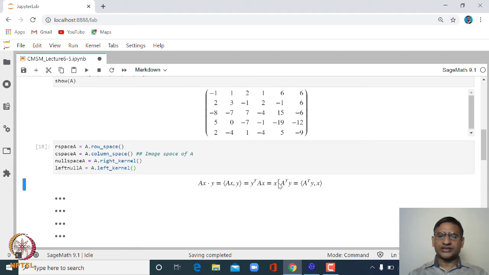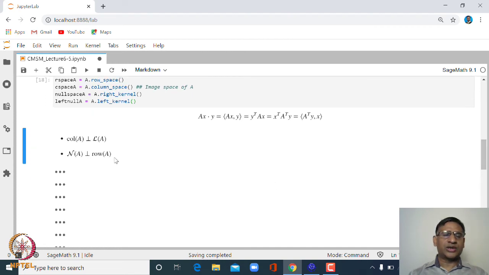So if I take the transpose, this is nothing but x transpose into A transpose y, which is the same as saying the inner product of x with A transpose y. So Ax inner product with y is the same as x inner product with A transpose y. In case A happens to be symmetric, Ax inner product with y is the same as x with Ay. So this is what is used in order to prove all these things. Now let us look at the result.